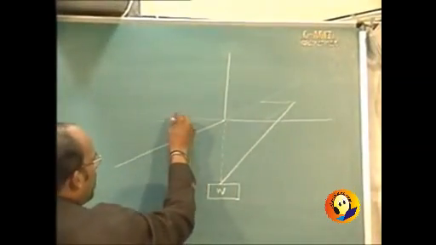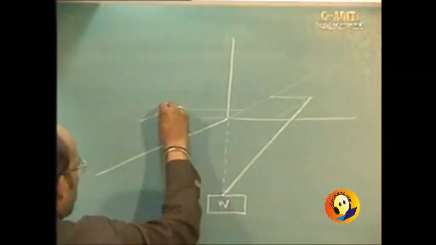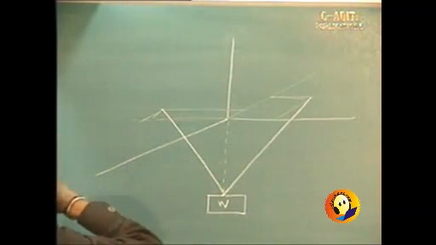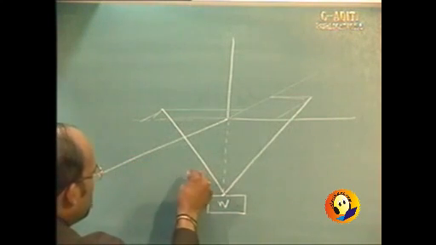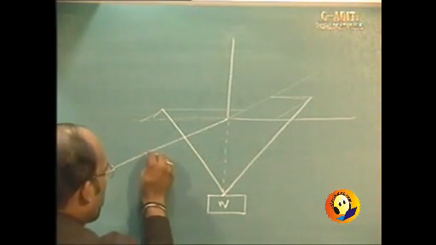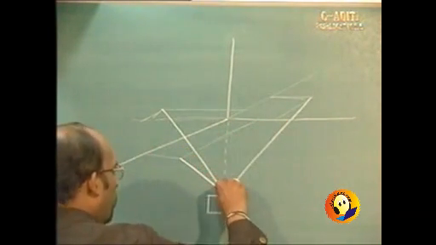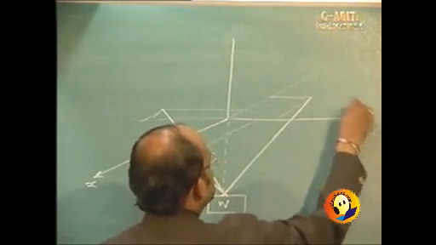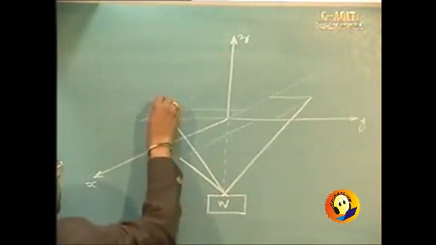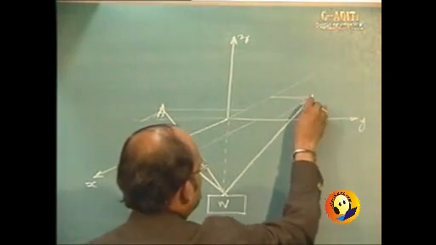The figure has to be understood properly, otherwise there will be a lot of difficulties while solving the problem. So observe that some weight is supported by 3 cables which are attached to the ceiling.